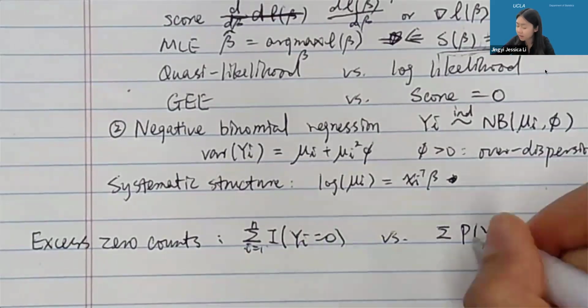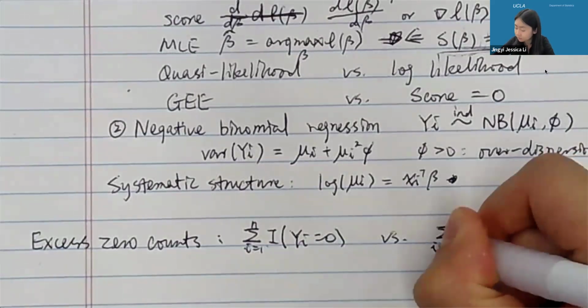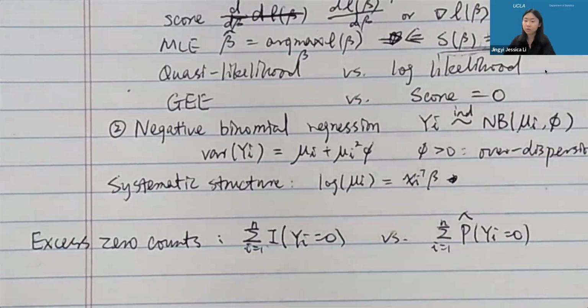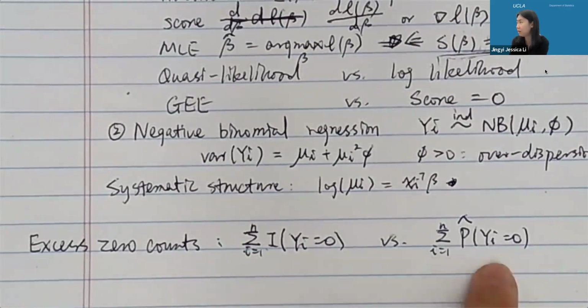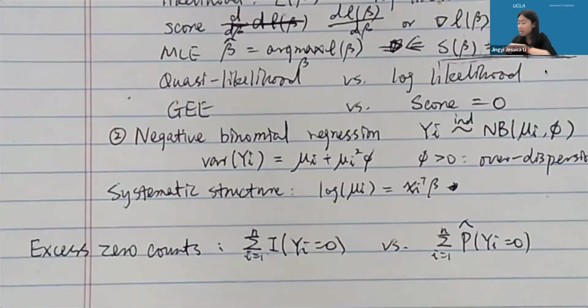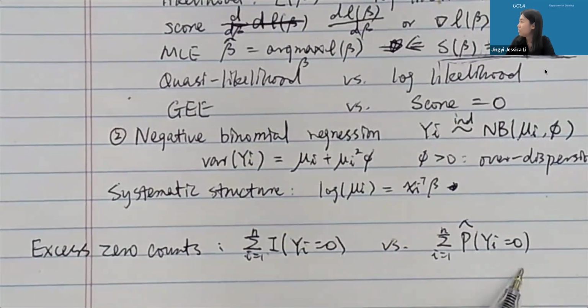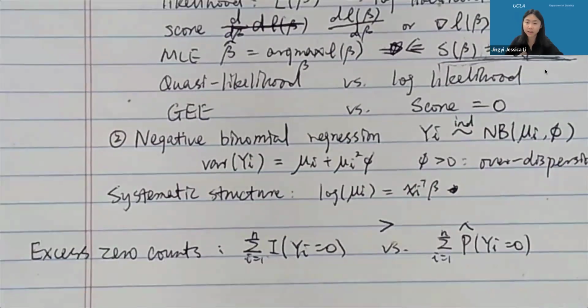This is something we can get after model fitting. I just put a hat here to mean that it's based on our fitted model. Even for our fitted Poisson model or negative binomial model, we can do this probability calculation. We can add it up. Then if this value seems to be much bigger than that value, then you have an excess zero count issue. Then how do we deal with it?